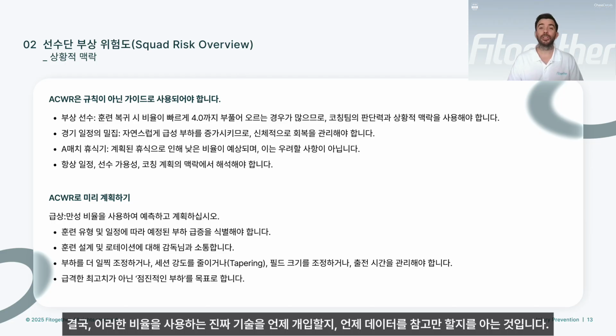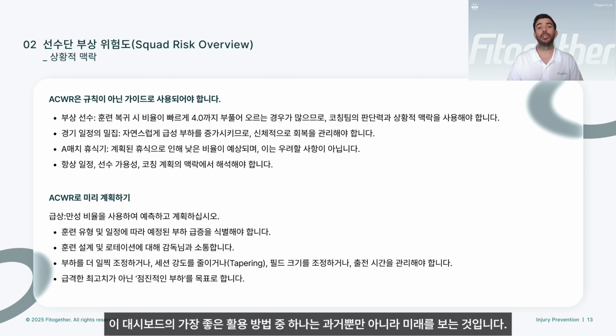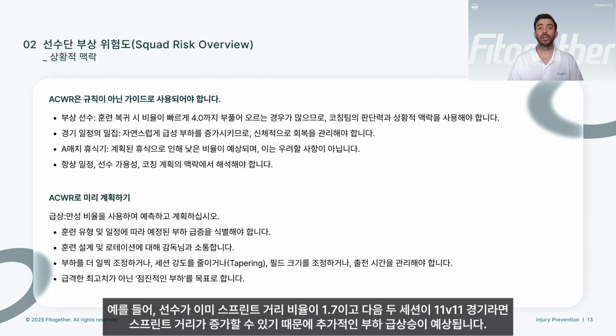So the real art of using these ratios is knowing when to act and when to let the data simply inform your understanding. And one of the best uses of this dashboard is to look forward, not just backward. If you know a player's sprint distance ratio is already at 1.7 and the next 2 sessions are 11 versus 11 games, you can predict a further spike due to the opportunity they will have to find sprint distance.